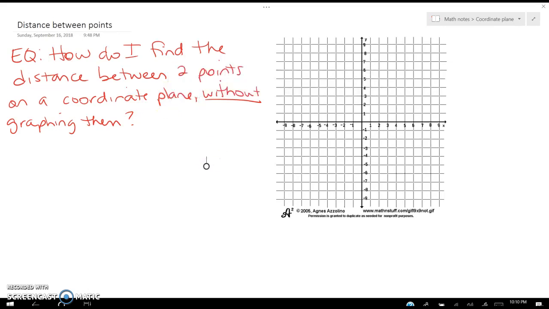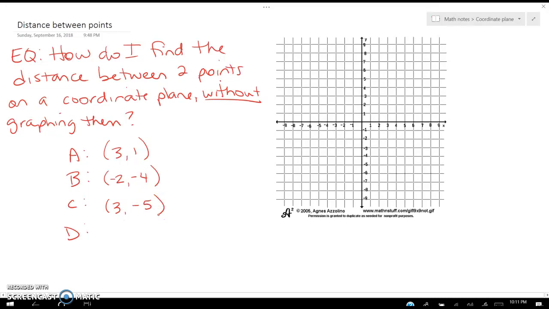All right, so first thing I want you to do is go ahead and plot these points A, B, C, D. Okay, so plot those points.